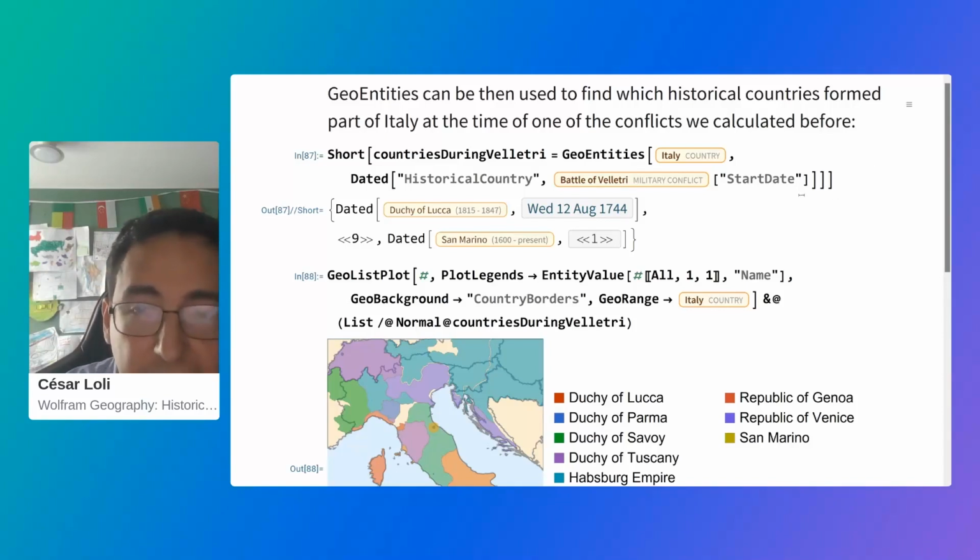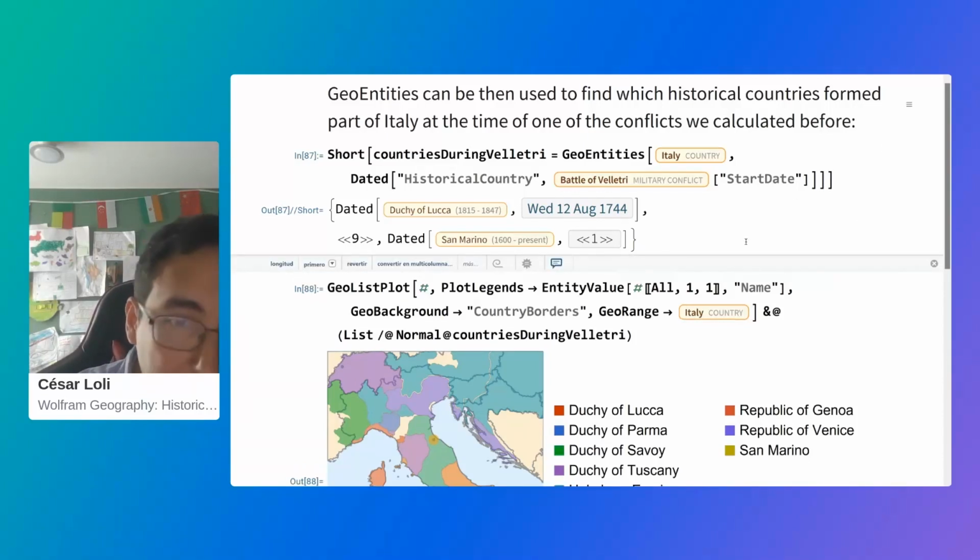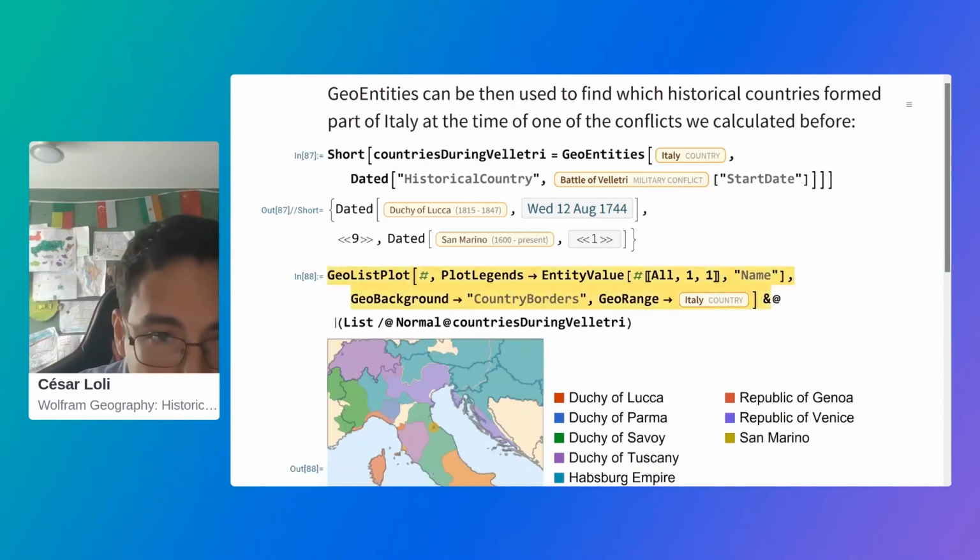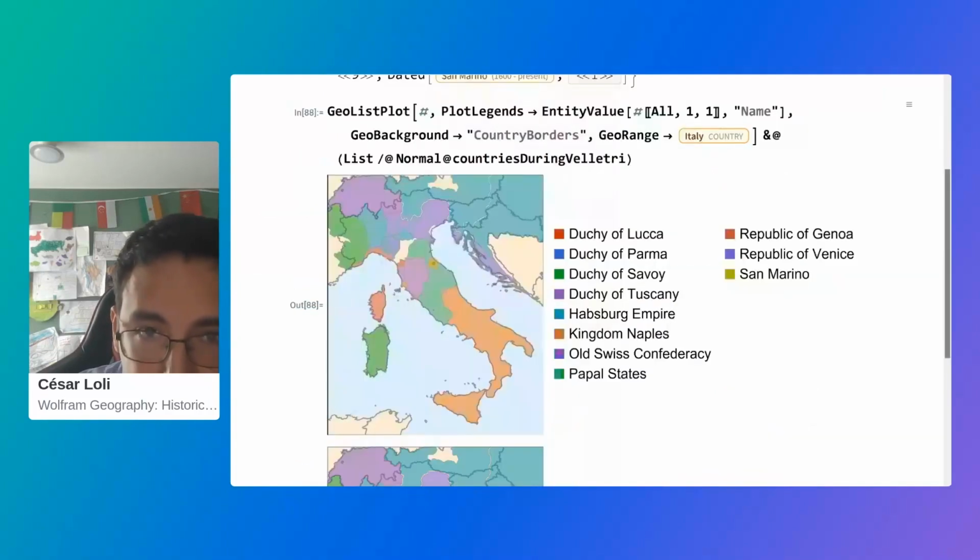We can see here then all the historical countries that were located inside the territory of the modern nation of Italy. Using GeoListPlot, we can see how it was divided among several nations then.